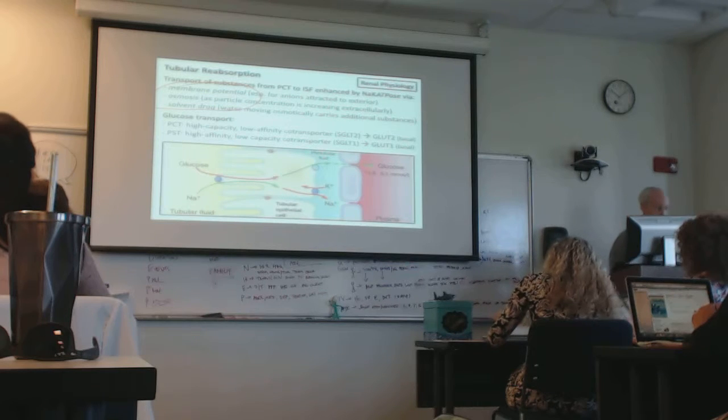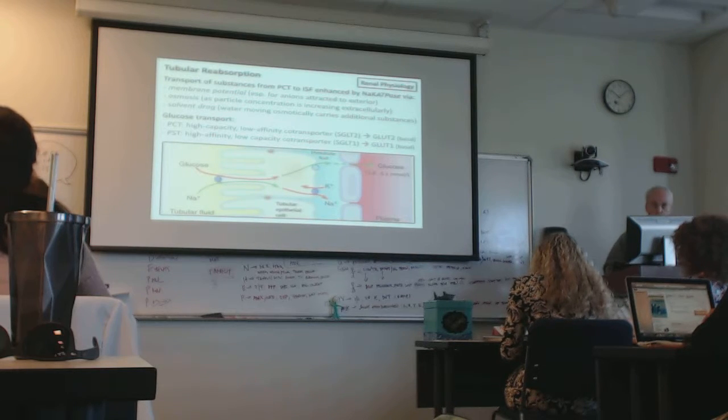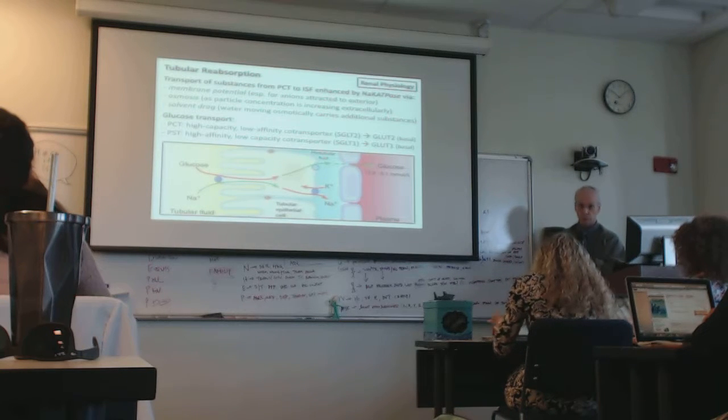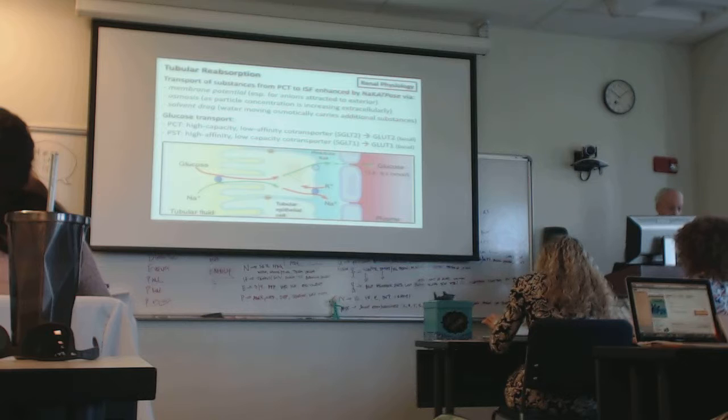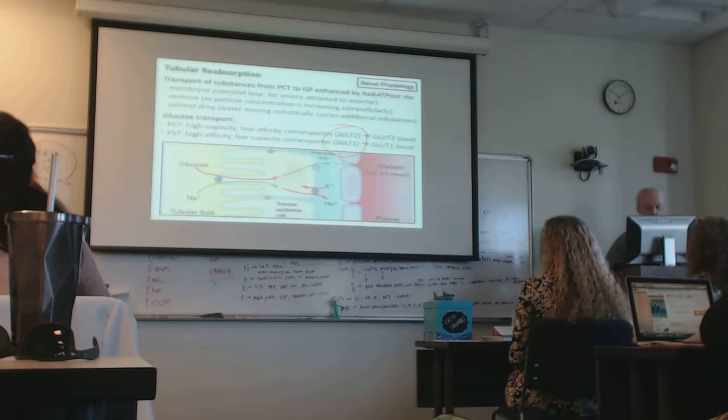substances across these membranes. There's a discussion here in the lower section of glucose transport. Really, this is just intended to remind you that virtually all of the glucose that is filtered is immediately taken back up. Glucose is conserved as much as possible. And there are a couple of transporters. We don't need to worry too much about them, but you should know what we mean by S-glut.